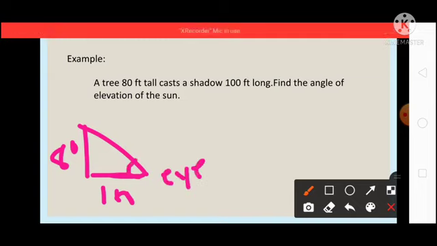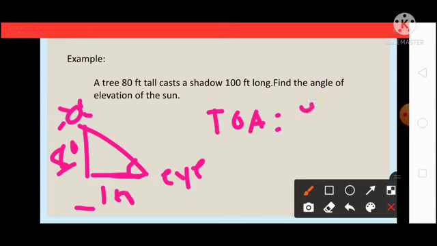Find the angle of elevation of the sun. Given the value of the opposite, then adjacent, we have to use the TOA, or tan, which is opposite over adjacent.